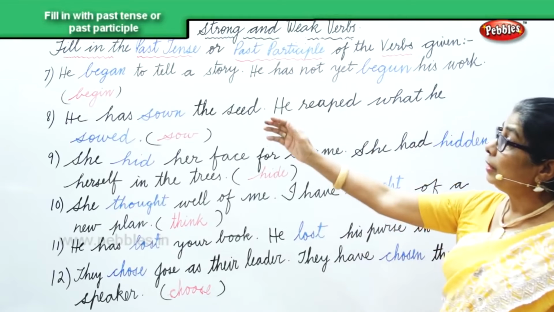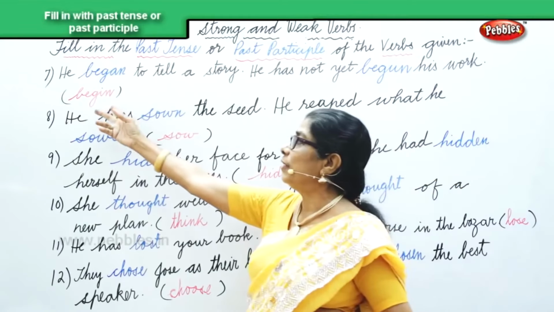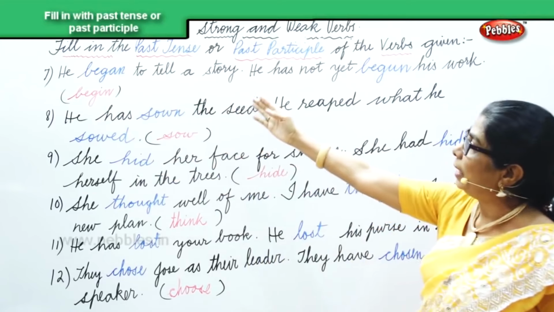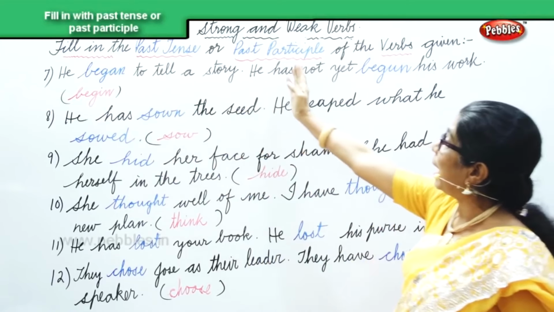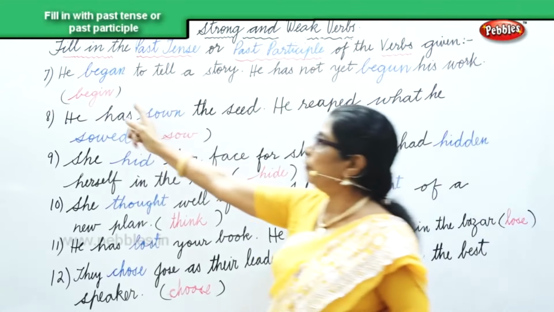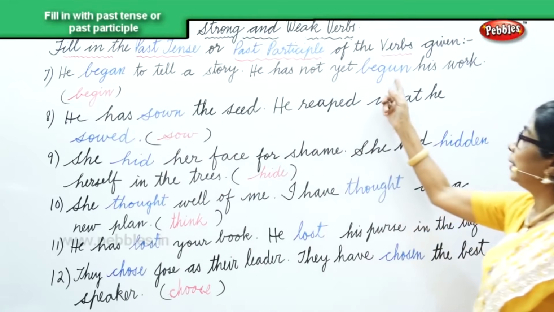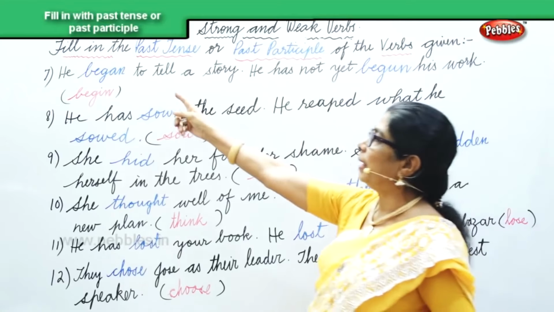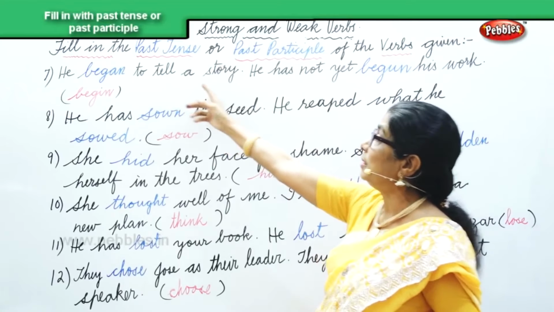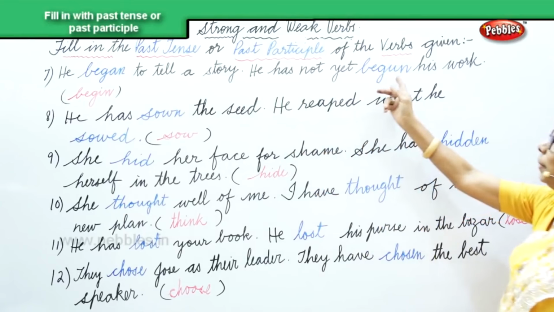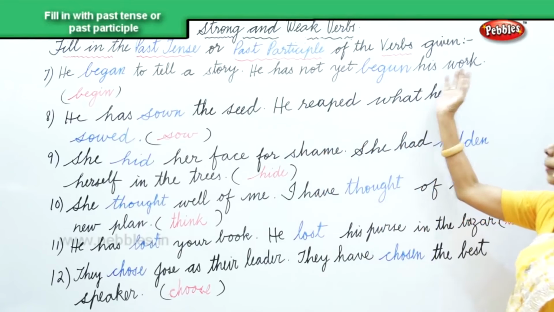Now, what have we done here? We filled in the present tense verb given to us, and we filled in the blanks with the past tense and the past participle of the verb given. Begin, began, begun. So he began to tell us stories, the past tense. He has not yet begun, that's the past participle.